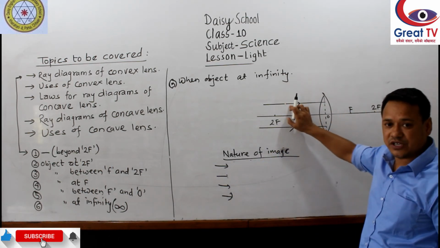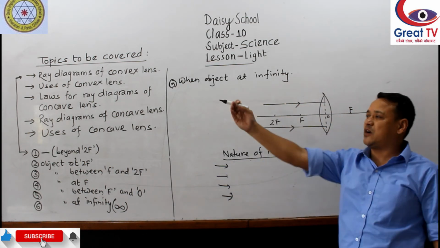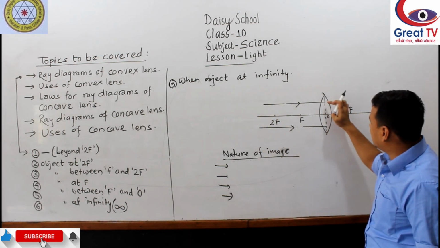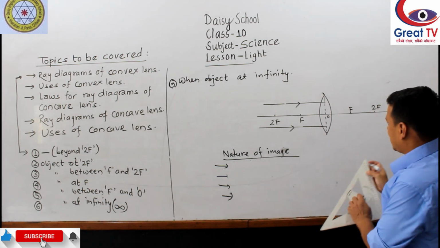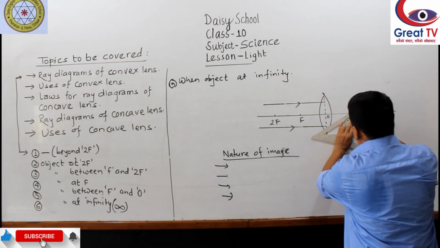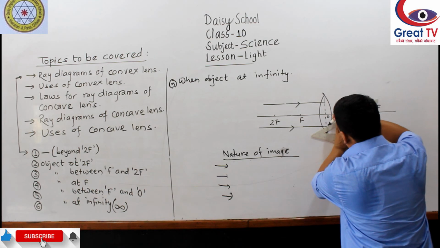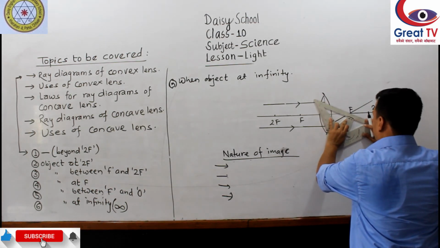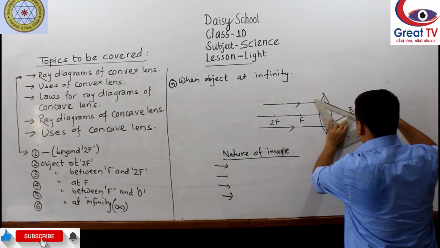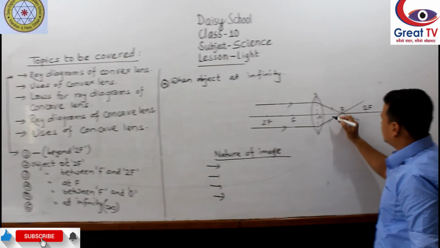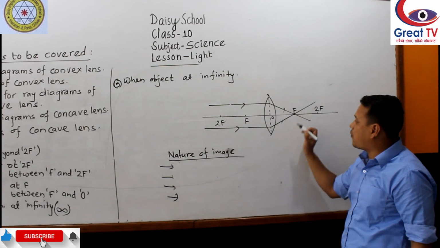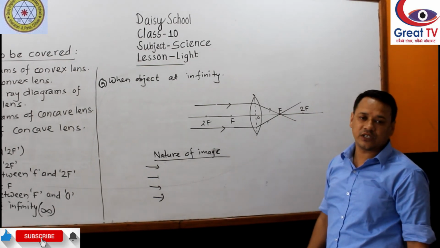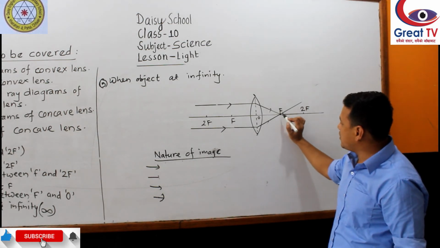Two parallel light rays coming from the object from the far distance, when they fall on the convex lens, you know parallel light rays pass through the focus point. So at the focus point, two light rays intersect, and this is the position of image.